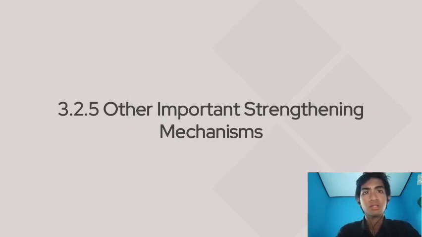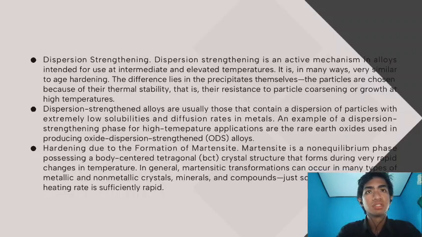3.2.5, the other important strengthening mechanism. Dispersion strengthening. Dispersion strengthening is an active mechanism in alloys intended for use at intermediate and elevated temperature. It is in many ways very similar to age hardening. The difference lies in the precipitates themselves.